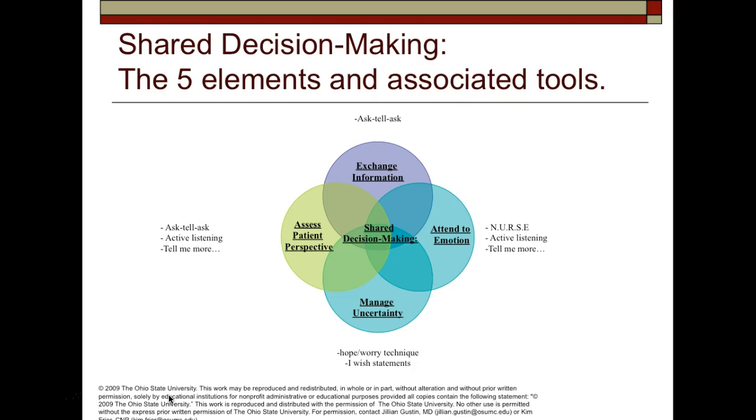If you're giving bad news, then assessing patient perspective and exchanging information are probably the only two bubbles you need to do, along with attending to emotion, assuming that it's really tough news. So you may only use one or two of the bubbles in a given interaction. You may not use all of them, and because some of them are really in depth, you probably don't want to use all of them.